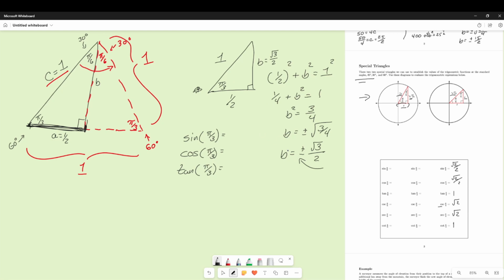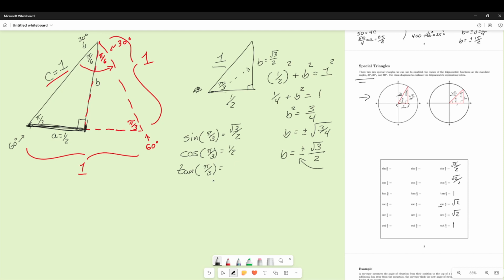So what is the sine of pi over 3? Well, the opposite in ratio to the hypotenuse. So square root of 3 over 2 over 1, which is just the square root of 3 over 2. Cosine of pi over 3, 1/2, the adjacent side, 1/2 over 1, so 1/2.